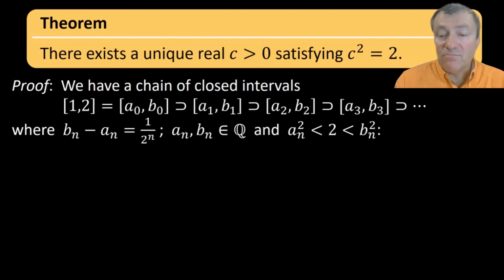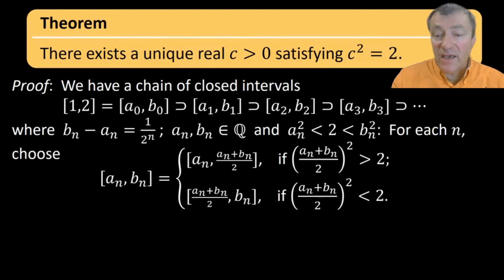So after n bisections, we have an interval [a_n, b_n] of length 1/2 to the n, where a_n squared is less than 2 is less than b_n squared. This is precisely how the subintervals are chosen recursively: splitting the previous subinterval at its midpoint and saving whichever half has x squared crossing the line.